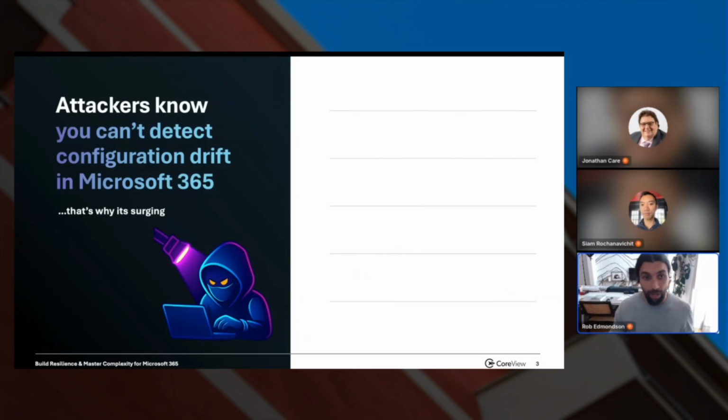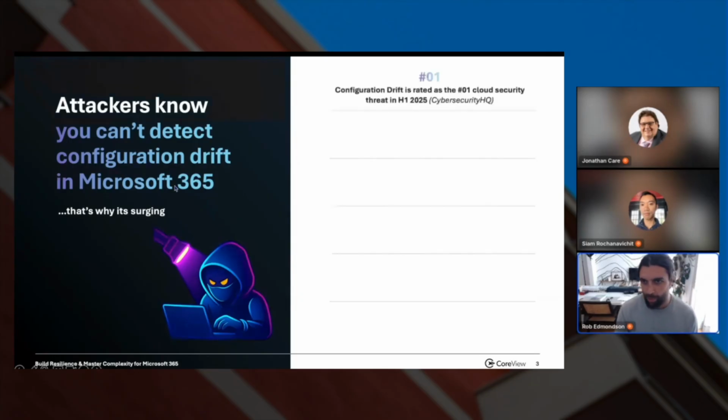For those of you who don't know, Microsoft 365, the configurations that you set up in there, the way that you set your security posture, someone could be in there right now changing it and Microsoft will not alert you. I'm going to say that again. Someone could go into your tenant and change critical security settings that would leave your business massively exposed. There is no alerting for this. Attackers know this, and this is why this kind of attack is surging.